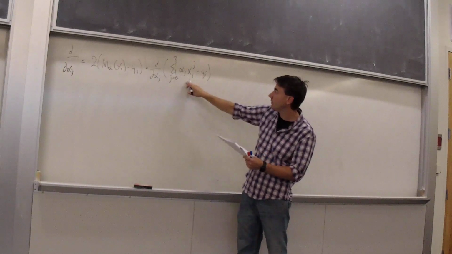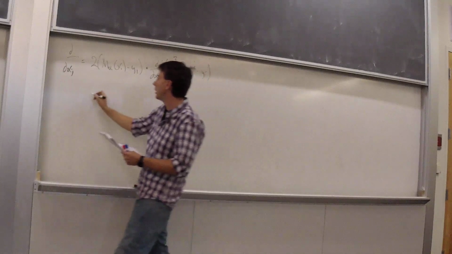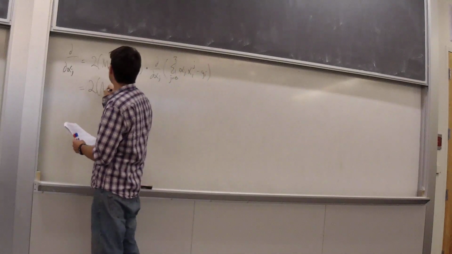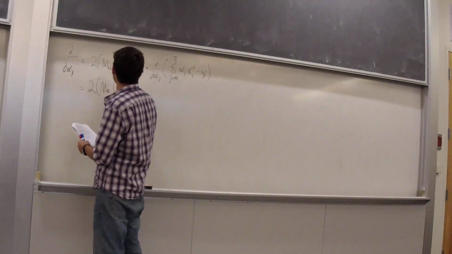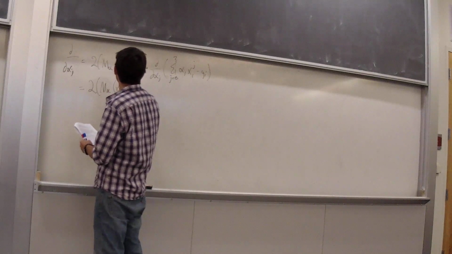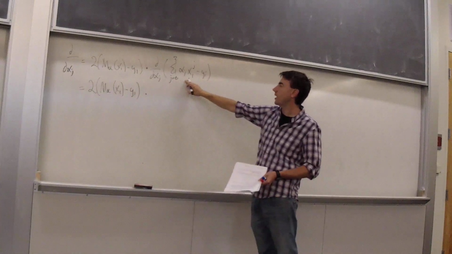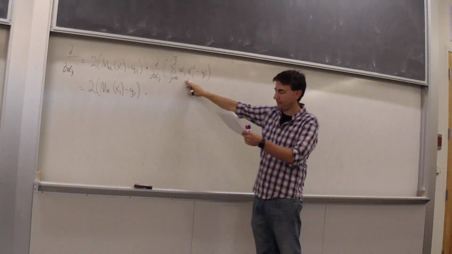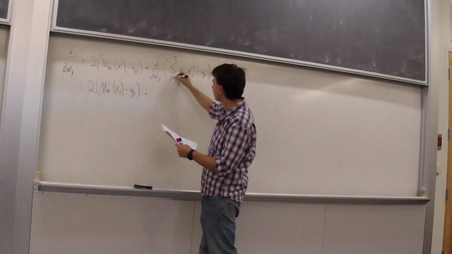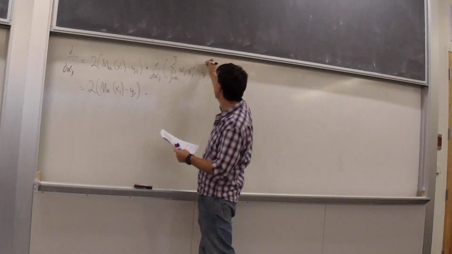Which means that the partial derivative here, this part comes down. This term, the partial derivative with respect to alpha j, I've got j inside of, this is a j prime, I guess.